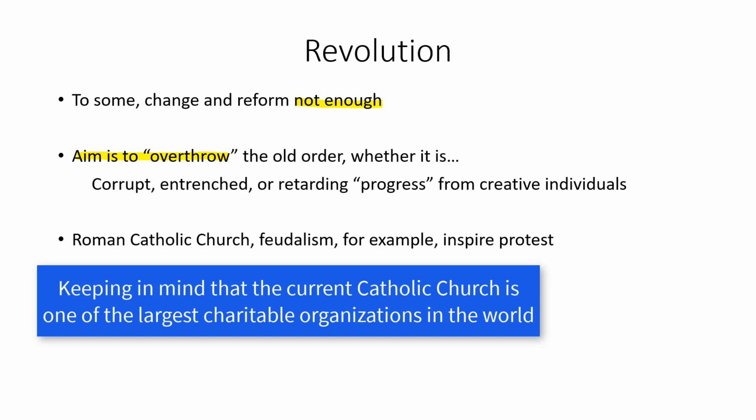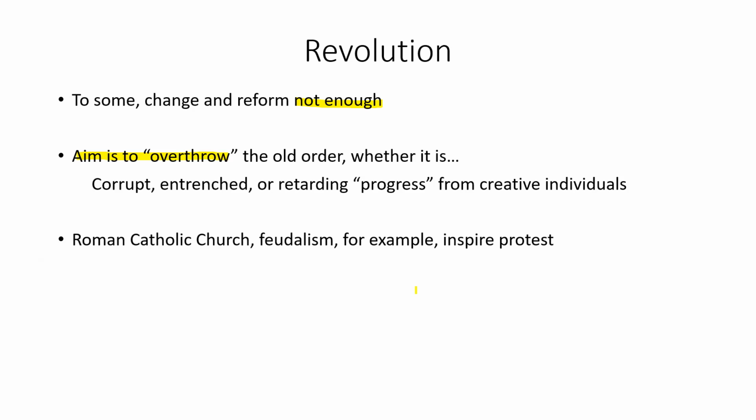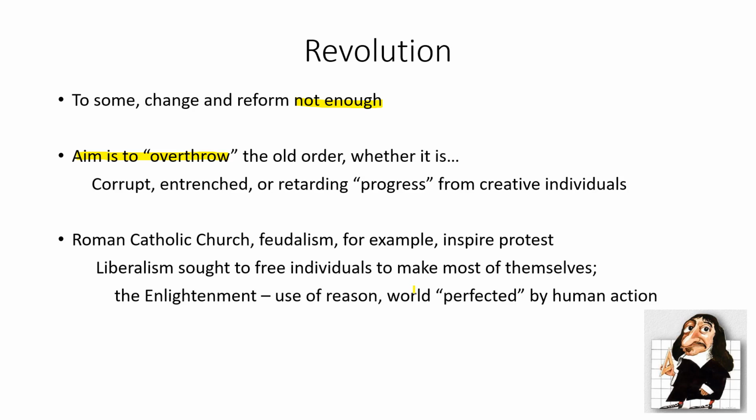Feudalism resulted in quite a bit of protests that opened the door for early capitalist systems. We'll touch on that a little bit, along with the formation of the state. The concept of liberalism sought to free individuals to make the most of themselves.